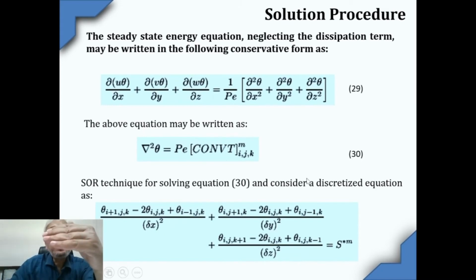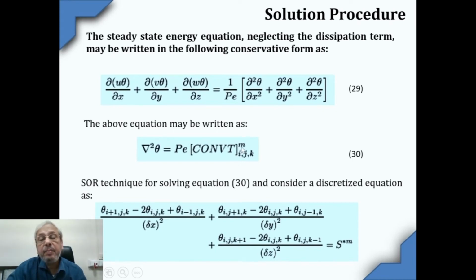The velocity field may vary, but for any given velocity field, we can get a steady temperature field. So now, our solution strategy will be something like pseudo time marching.